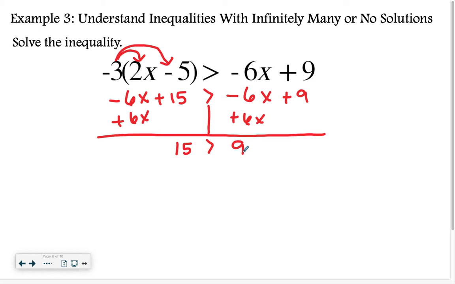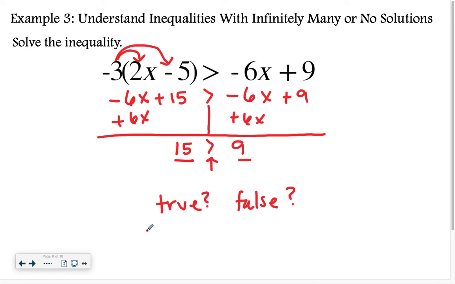So if you end up with a situation like this where your variable disappears, we're left with 15 and 9. What you want to do is read what you have left. So in this case, I would say 15 is greater than 9. And I want to stop and think, is this true or is this false?